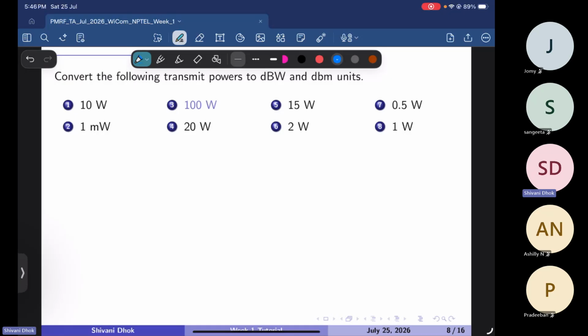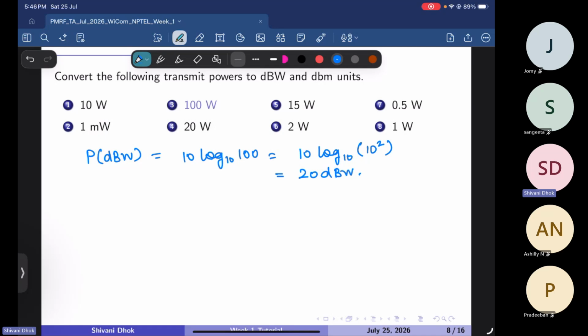Okay, so the third one is your 100 watts. So your power in dBW is 10 log to the base 10, 100. So this is equal to 10 log to the base 10, and you have 10 raised to 2. So this is nothing but your 20 dBW.